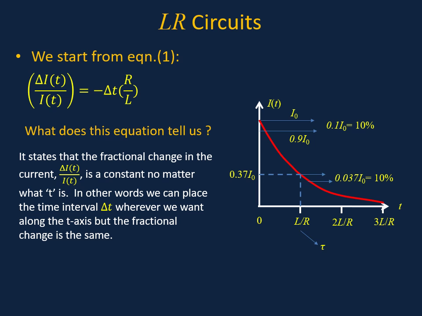Now, what this equation says is that if I move to a later time, this fractional change at that time also has to be 10%. For example, if I take a time over here where we have written 0.37 I0, where does that come from? We'll come to that in a second.